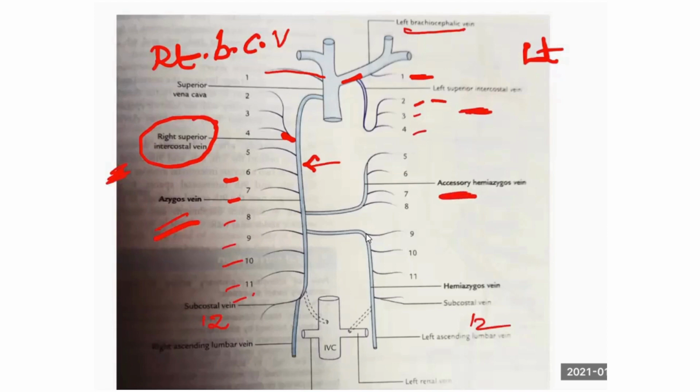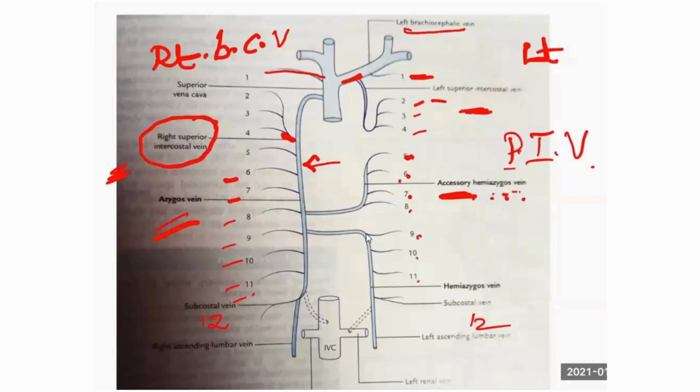Accessory hemiazygos: 5, 6, 7, 8. You can say accessory hemiazygos is formed by these. What are these 5, 6, 7, 8? Those are posterior intercostal veins. So the formation of the accessory hemiazygos vein is by the union of the 5, 6, 7, 8 posterior intercostal veins.